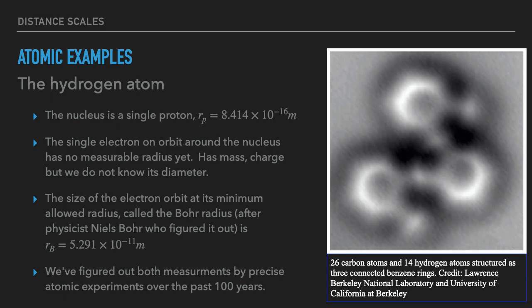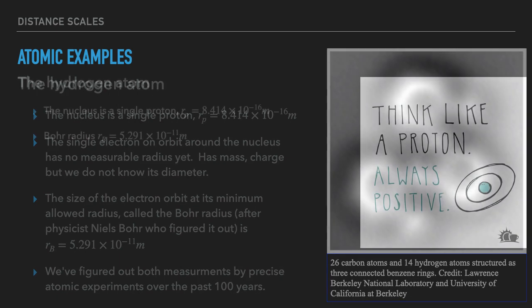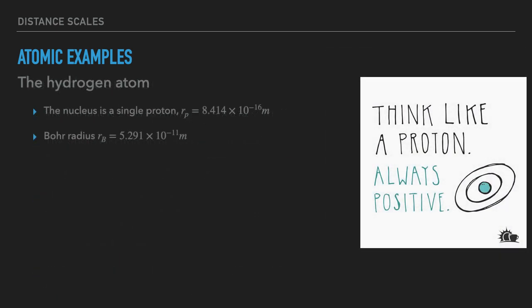But those two distances, if you look at them carefully, which we're about to do, we're going to run into problems. So let's take a look at that. All right, so here are the two radii, the Bohr radius and then the single proton radius. Now, the ratio of those two, the Bohr radius divided by the proton radius, is about 62,833.